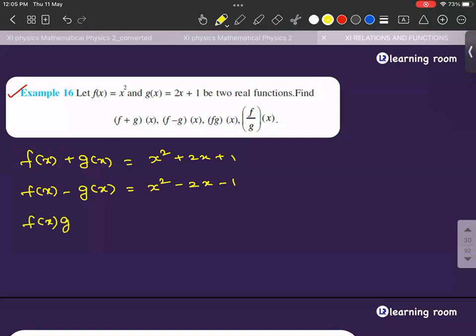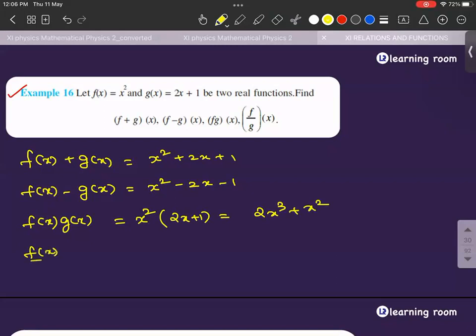Chitesh, you tell me f(x) into g(x). F(x) into g(x) is x square into 2x plus 1. Just multiply them. That's it. So 2x cube plus x square.